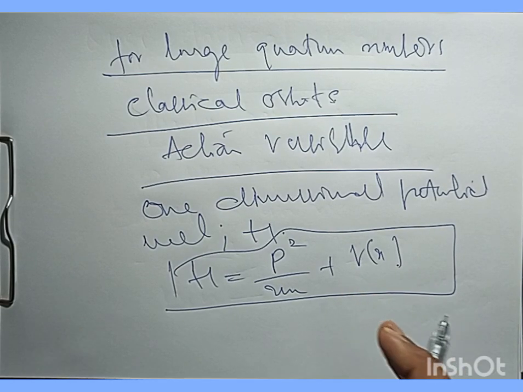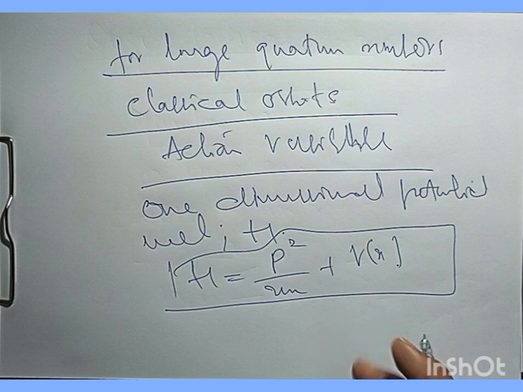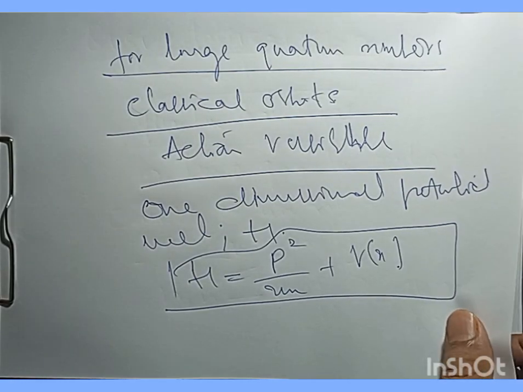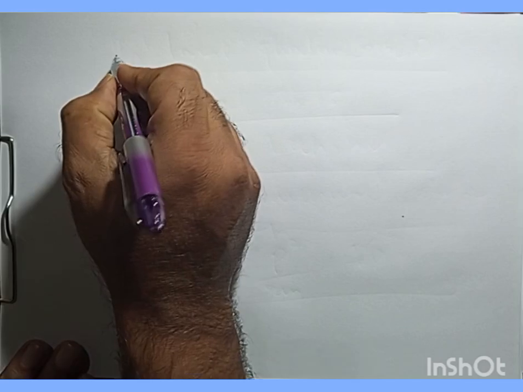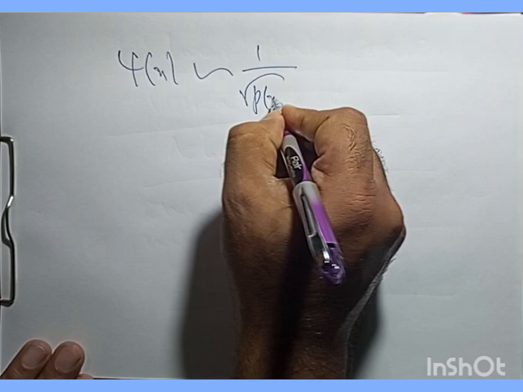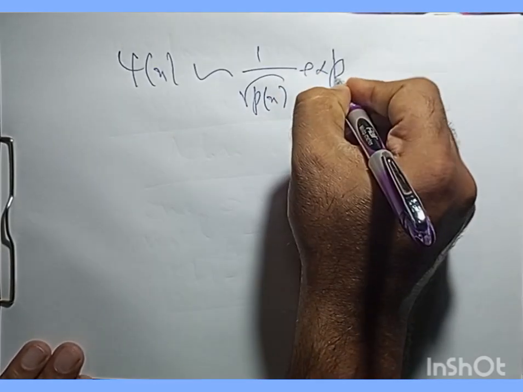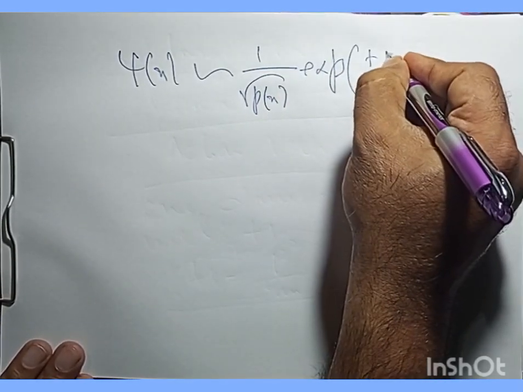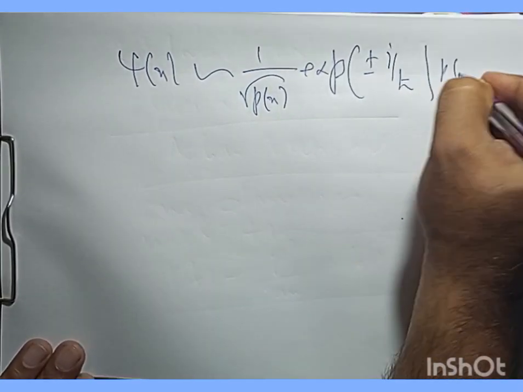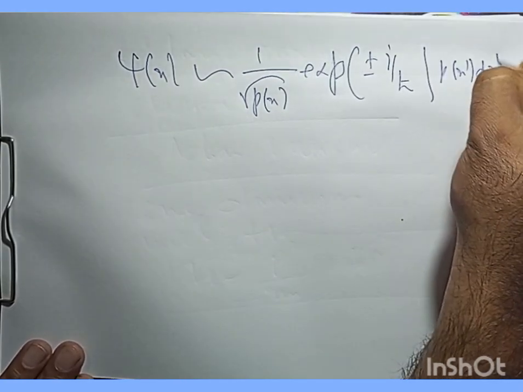In this quasi-classical approach, the wave function in the classically allowed region, we have already done that using this quasi-classical approach, can be written as psi of x nearly 1 by under root of p of x, then exp of plus minus i by h bar integral p of x prime d x prime.